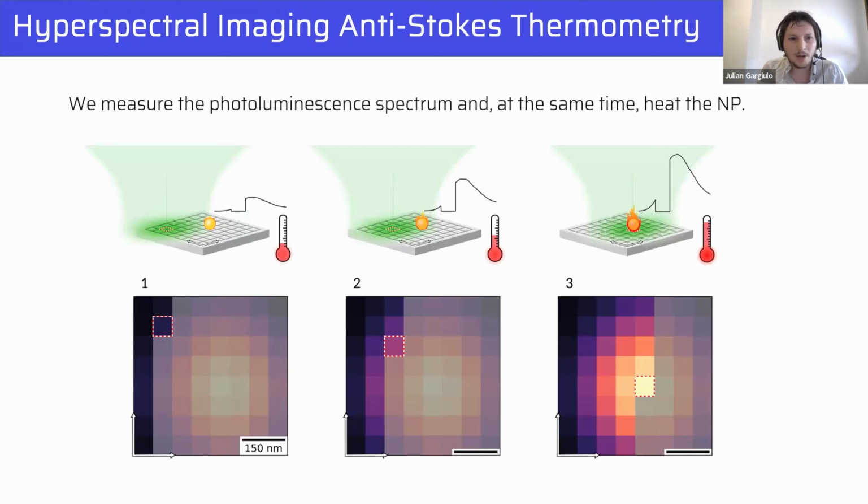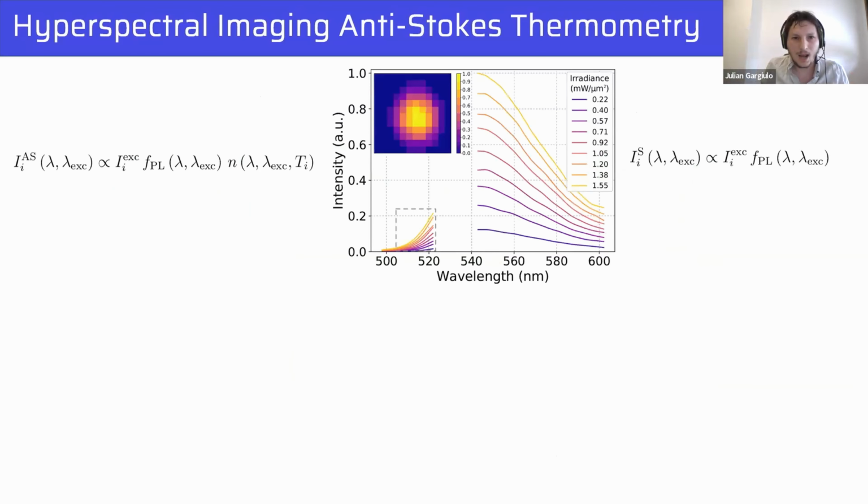So at the end of the day, we have this hyperspectral image. At each pixel, we have the photoluminescence spectra. Then we analyze that, and what we have is the photoluminescence spectra taken at many different excitation irradiances, and each irradiance corresponds to a different temperature.